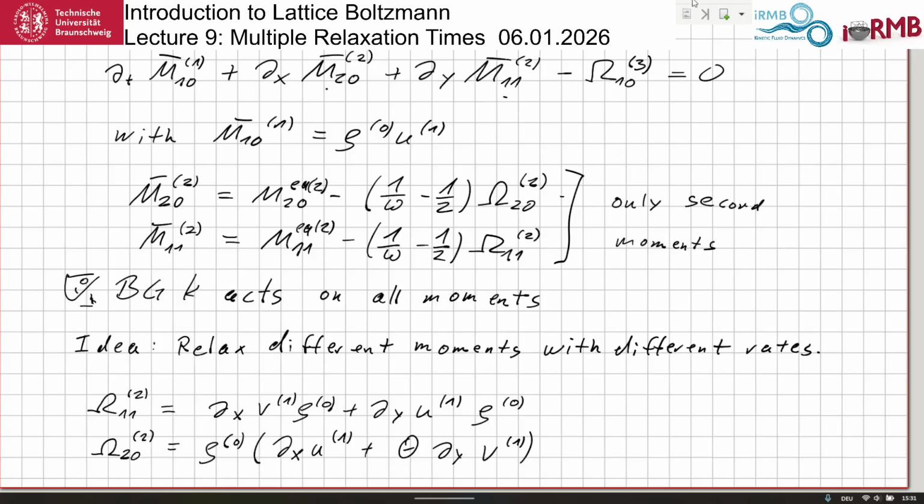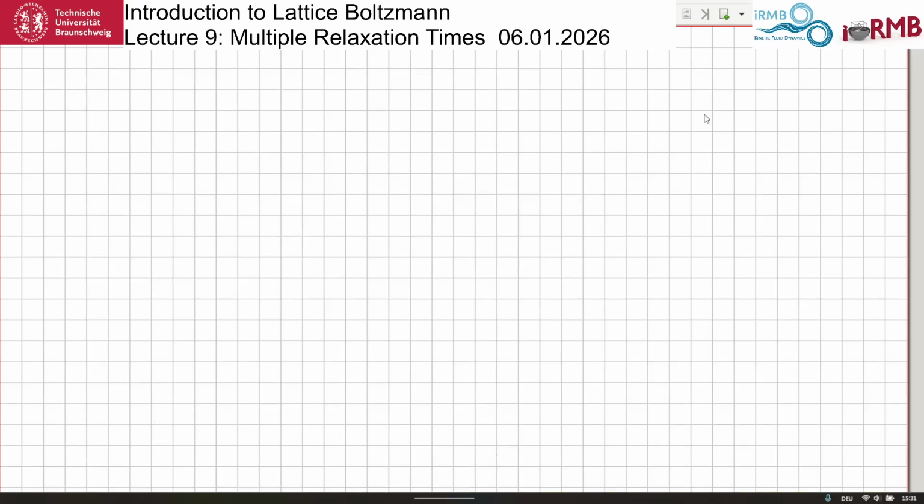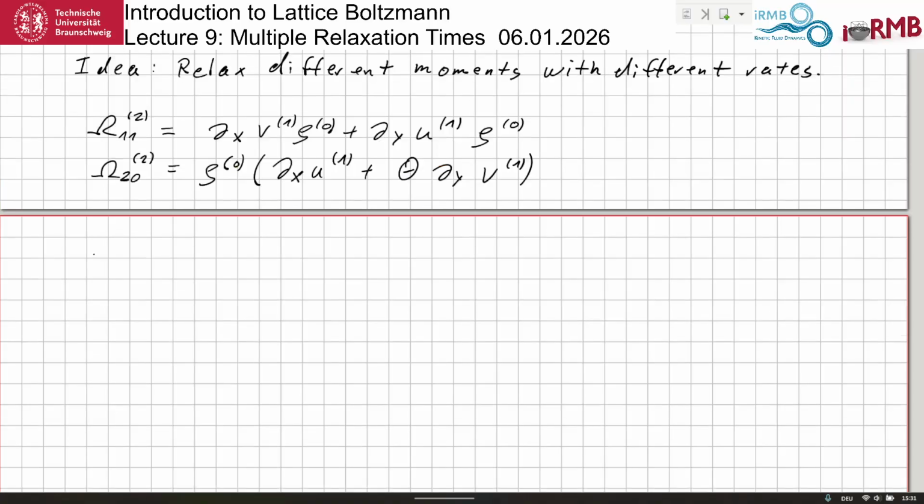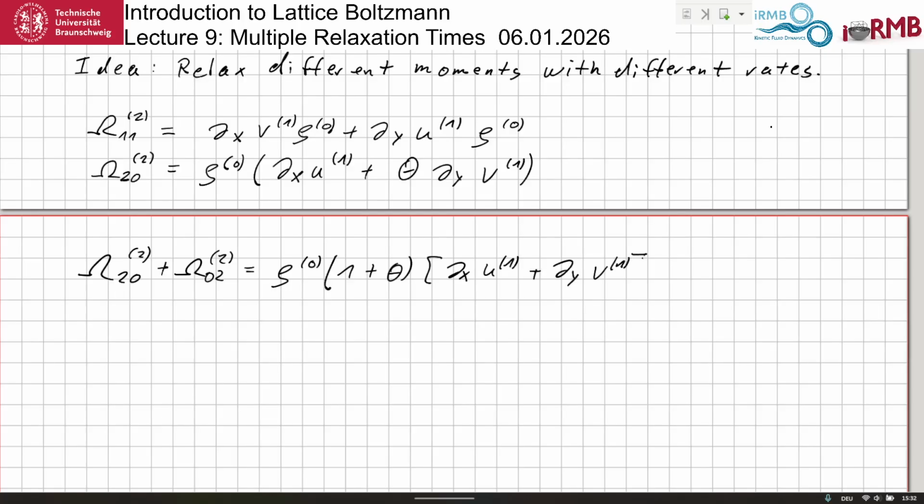So let's rearrange this a little bit to see what happens. And what we do is we take omega 20 to second order plus omega 02 to second order. And if we do this, obviously what we get is rho to 0 order times 1 plus theta times dxu 1 plus dy v to first order.